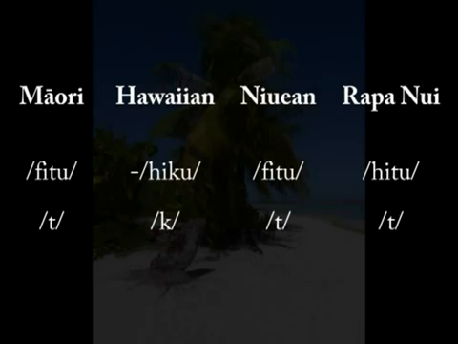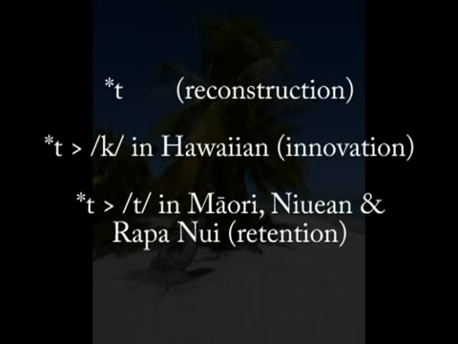We have a pretty good indication that T was an original phoneme, a retention that changed to the innovation K in a specific language, in Hawaiian. So we choose T as the ancestral, inherited, retained phoneme in all of these languages that then change to a K in some instances.